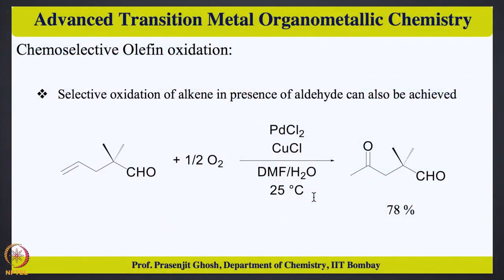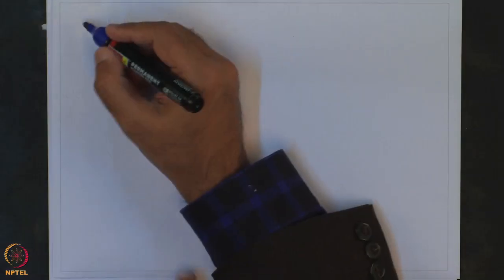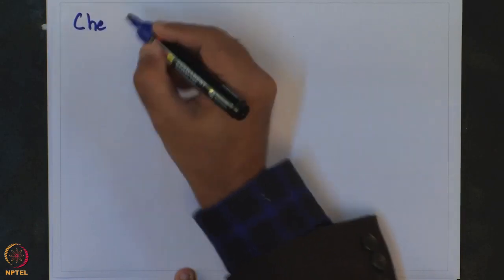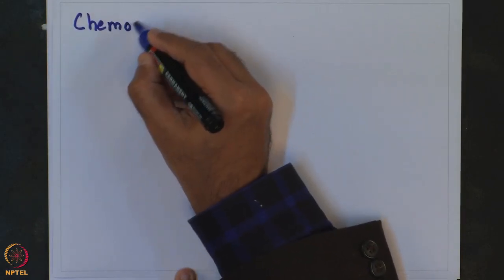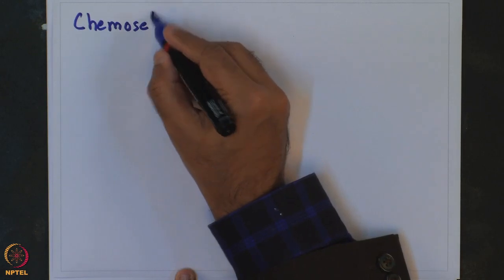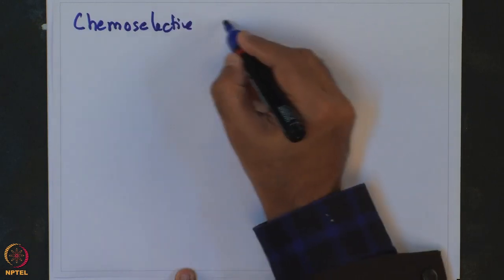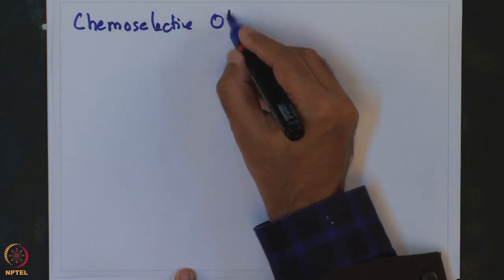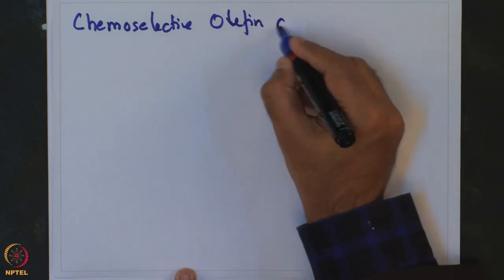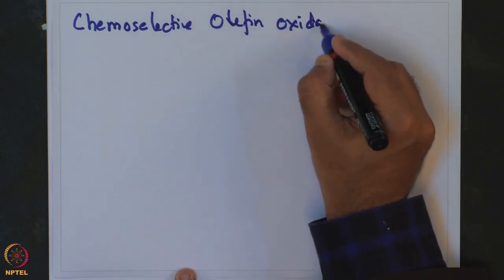Now, here is another example of chemoselective olefin oxidation.